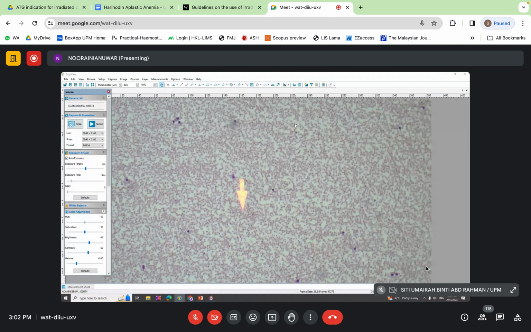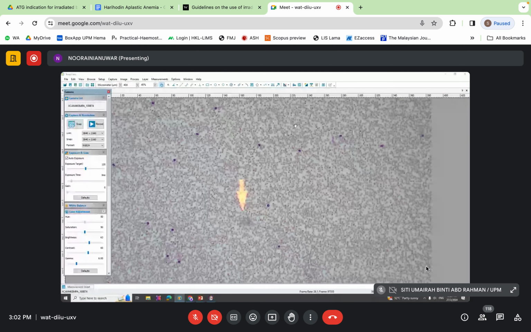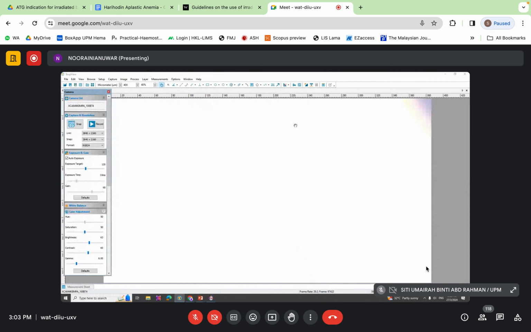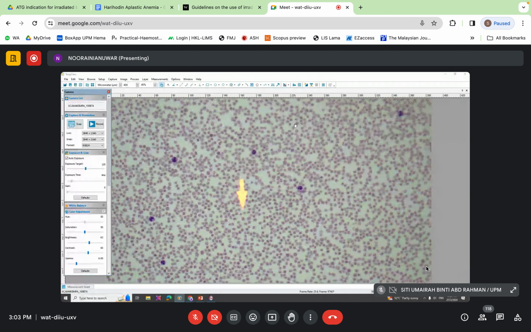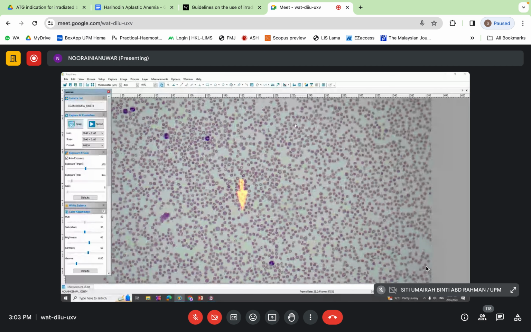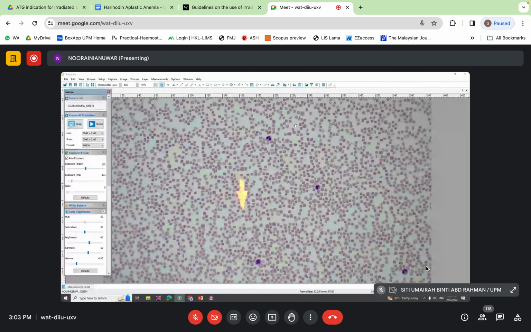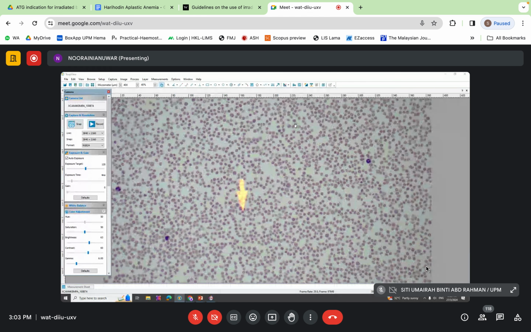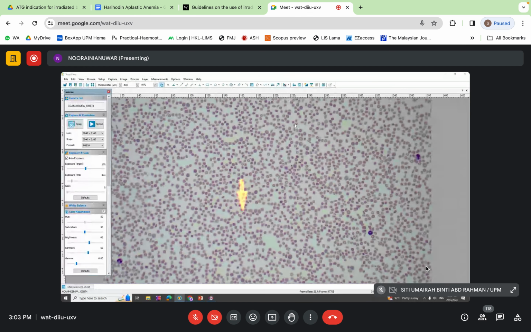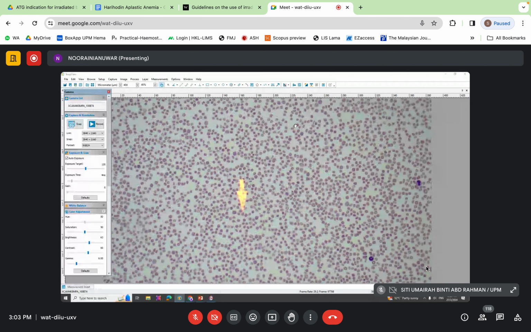So this is the full blood picture of this patient. For the RBC morphology, the patient looks dimorphic because he was already transfused in the private hospital.